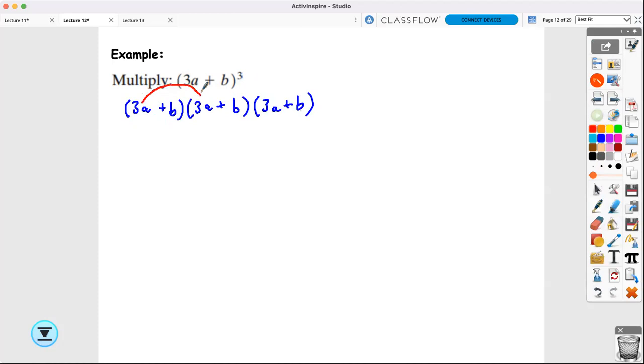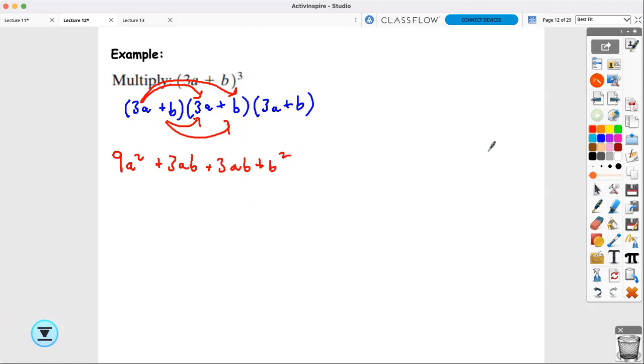So 3a times 3a is 9a squared. 3a times b is plus 3ab. B times 3a is another 3ab. And then the last one, b times b, which is b squared.